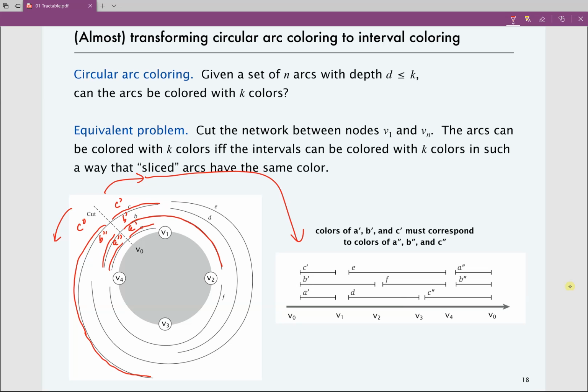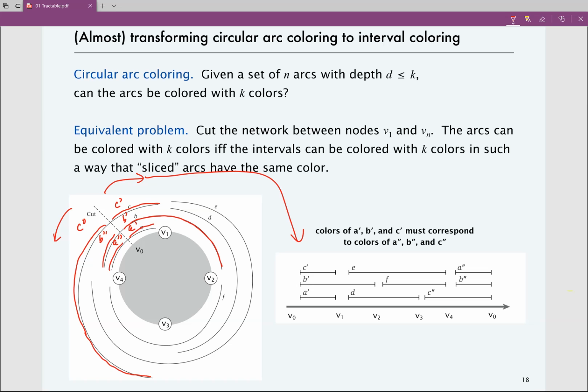We got it from taking this interval A and splitting it into two parts, A prime and A double prime. A itself used to have just a single color, so when you split it into A prime and A double prime, you have to make sure that both have the same color. Whatever color A was given, you have to give that same color to both A prime and A double prime.